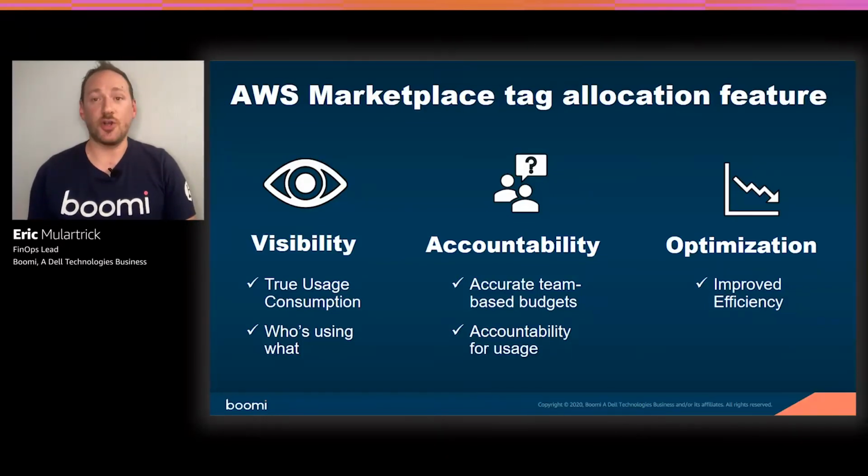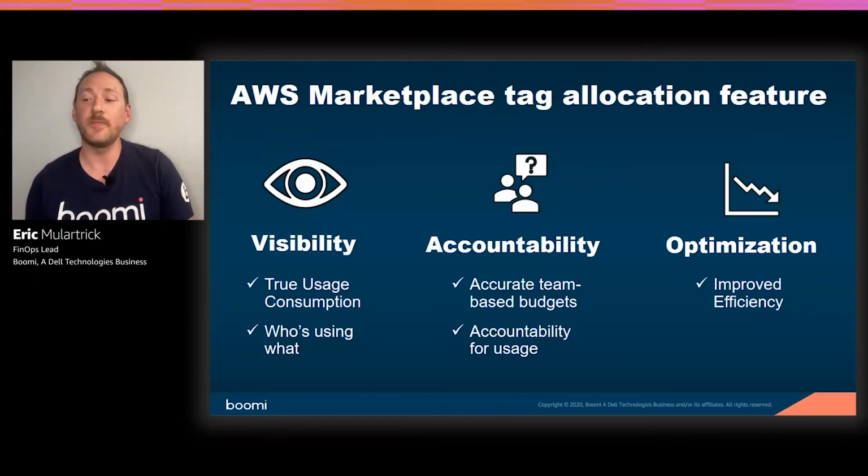Because of this feature, we were now able to establish accountability by creating accurate team-based budgets, because we now knew what the usage was. And lastly, from an optimization perspective, we are able to identify areas of opportunity in a spend efficiency mechanism and actually execute on optimizations to right-size our infrastructure.